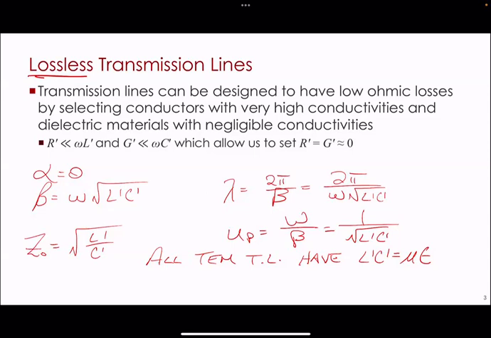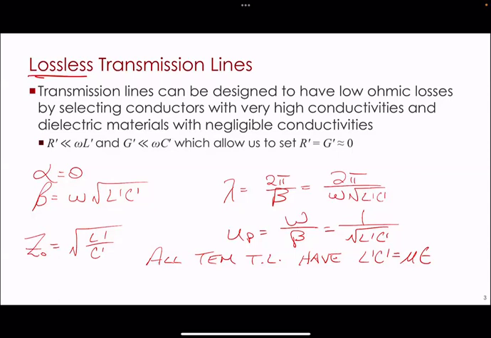Those pertain to the material properties of the dielectric, the insulator, the stuff between the two conductors, because every type of transmission line we're dealing with has two conductors with an insulator or dielectric in between. Those are material properties of that insulator.